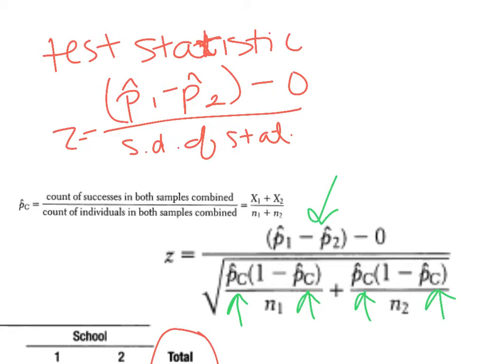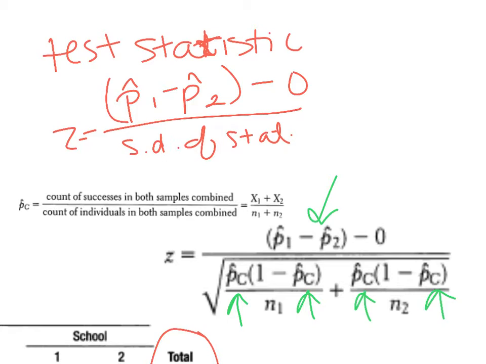If our large counts are met, that will give us a Z statistic that has approximately the standard normal distribution when the null hypothesis is true. We want that normal distribution to be able to put this into our calculator and use that normal curve.